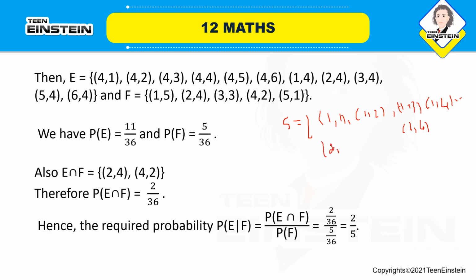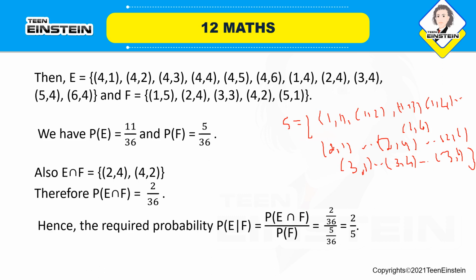Similarly, 2 1, 2 4, etc. 2 6. 3 1, etc. 3 4, etc. 3 6. So like that you can write the sample space, all the possible combinations.